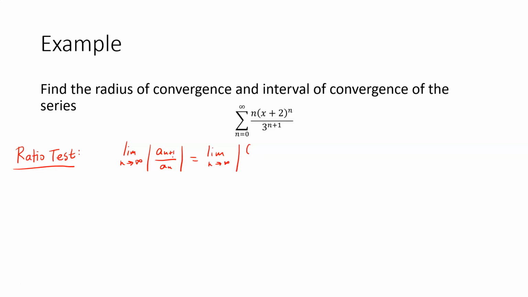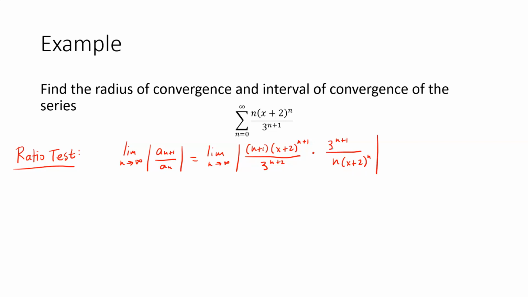So at a sub n plus 1, we'll have (n plus 1) times (x plus 2) to the n plus 1, over 3 to the n plus 1 plus 1, so it'll be 3 to the n plus 2. And then the reciprocal of that would be 3 to the n plus 1 over n times (x plus 2) to the n.